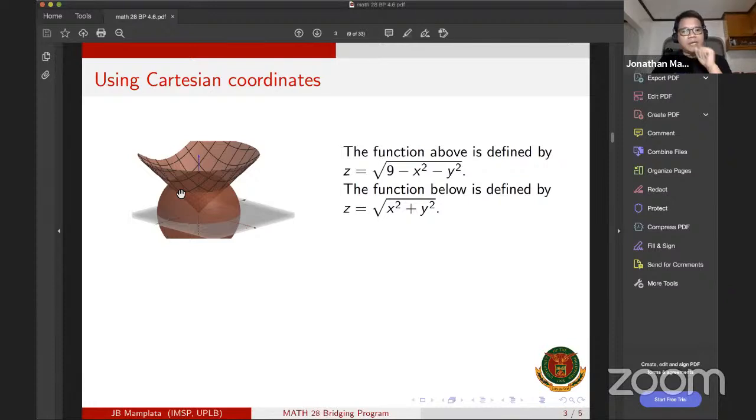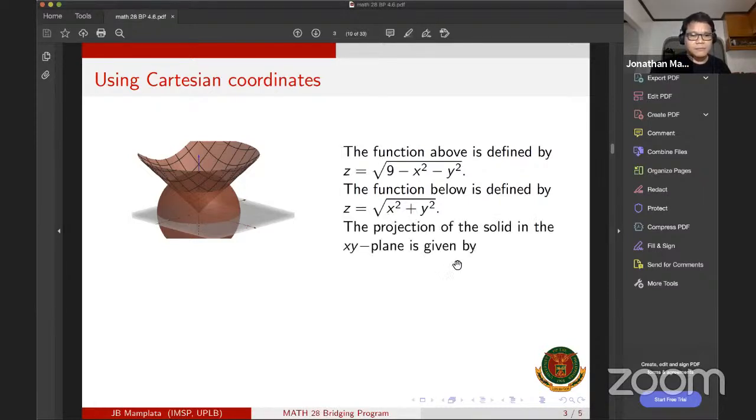So kailangan natin kuhanin yung equation of that intersection, and you can determine that by equating these two expressions. So we have the square root of 9 minus x squared minus y squared equals the square root of x squared plus y squared. So we will be having an equation of a circle given by x squared plus y squared equals 9 over 2.